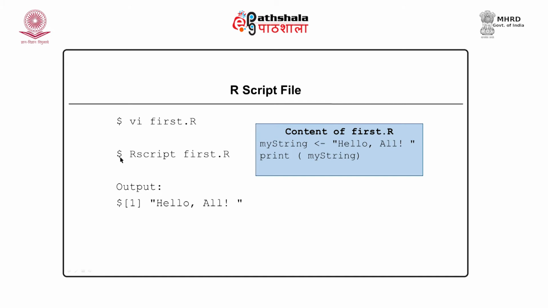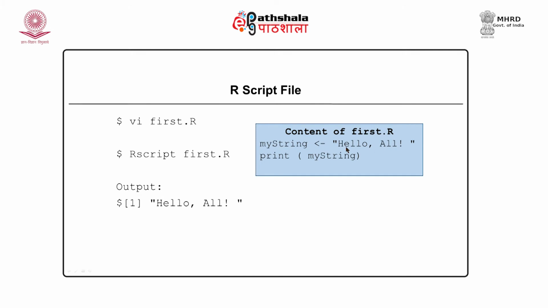In the second command, I type Rscript first.r. This is the command through which we can run our programs. It is a convention to use the file extension .r, and generally the R is in capital. Once we run the Rscript command, you can see the output hello all, whatever is in our string.